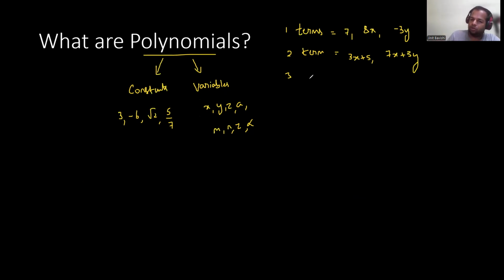A three-term expression has three different terms to be precise, like a plus 7b minus 6. And we have certain names for them also: monomial, binomial, trinomial. We've been learning this from grade 7, so you must know that. I'll not go deep into that, just giving you a background of what a polynomial contains.